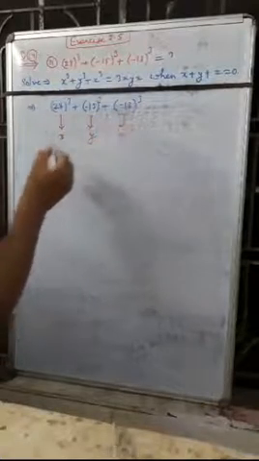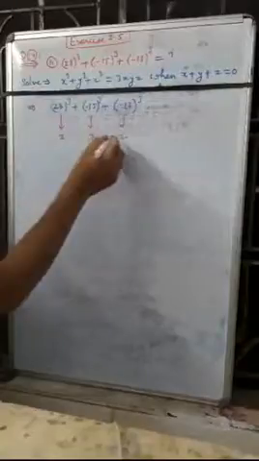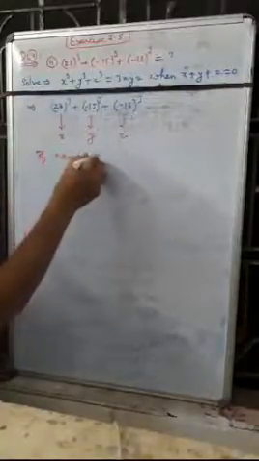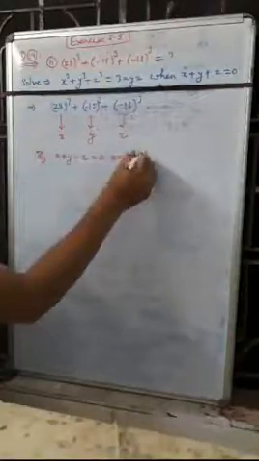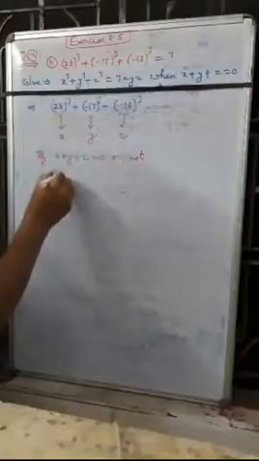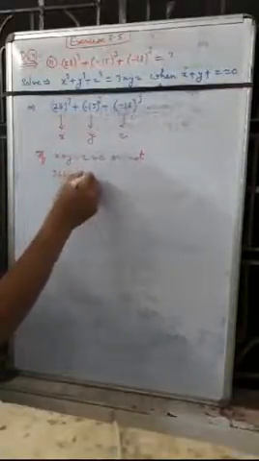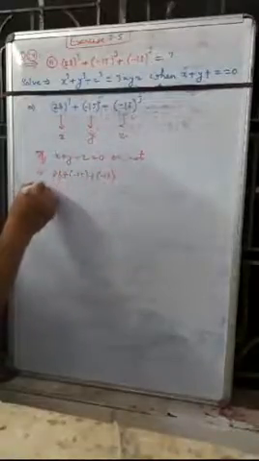Before solving the question we will check whether x plus y plus z is equal to 0 or not. So we will check here: x is equal to 28, y is equal to minus 15 and z is equal to minus 13. Check if it is equal to 0 or not.